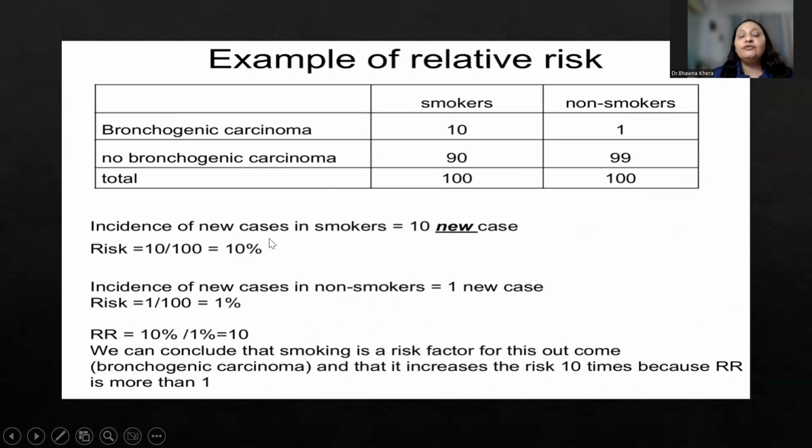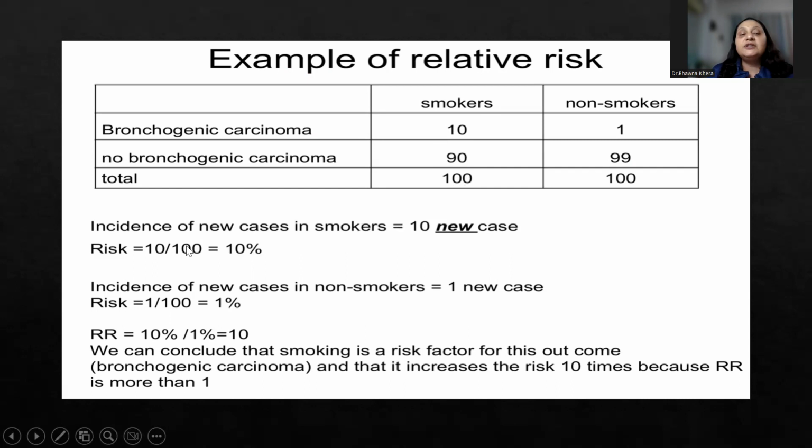So the incidence of new cases in smokers. Basically now we have to calculate relative risk. What is happening? The disease developing in smokers is 10 cases. You see it is 10. So 10 upon the total number of smokers, the total population who had exposure. So the numerator is 10 by 100.